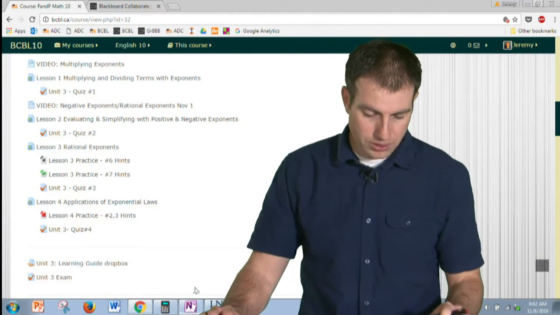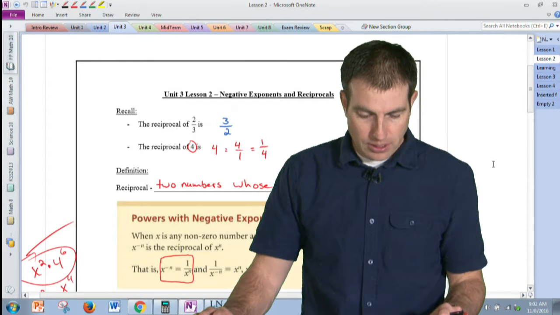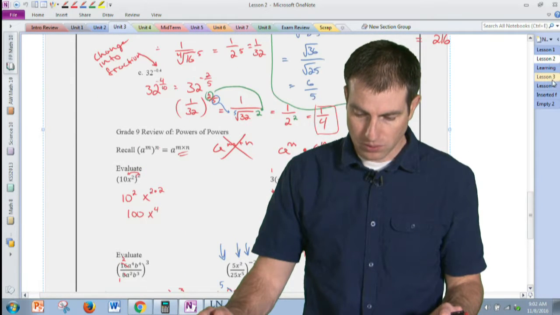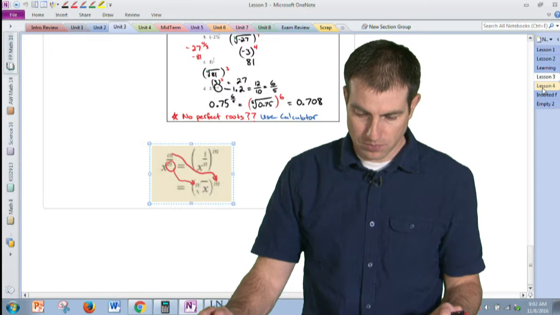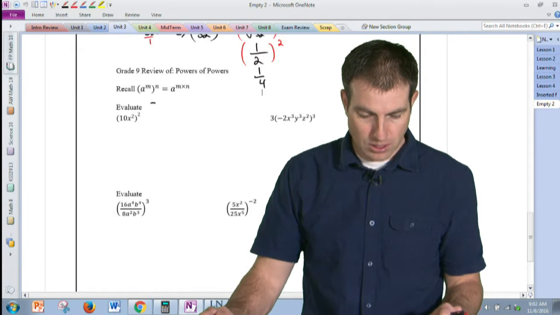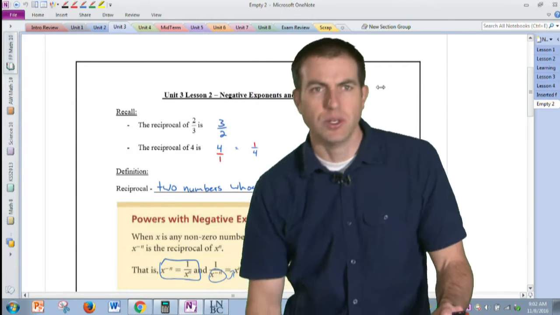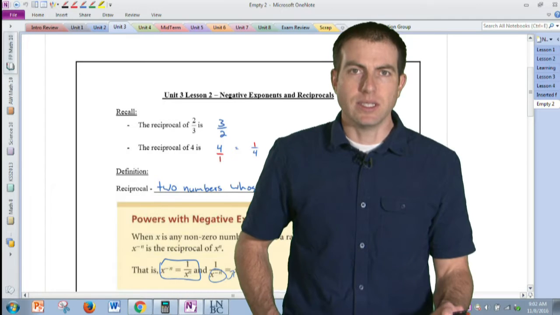All right, let's jump in. The last thing we did was, I believe it was in Lesson 2. No, Lesson 3. No. This was in Unit 3, Lesson 2. There were a couple of questions at the bottom of the page, and I said we'd come back to these.